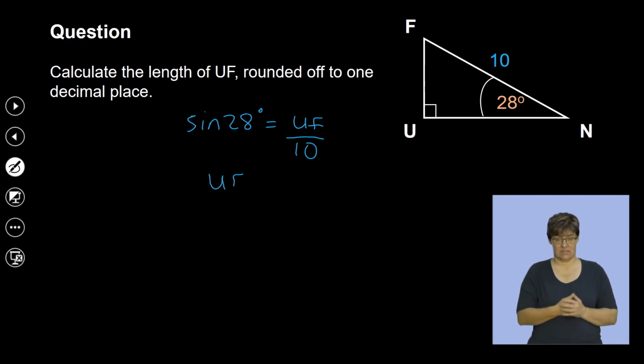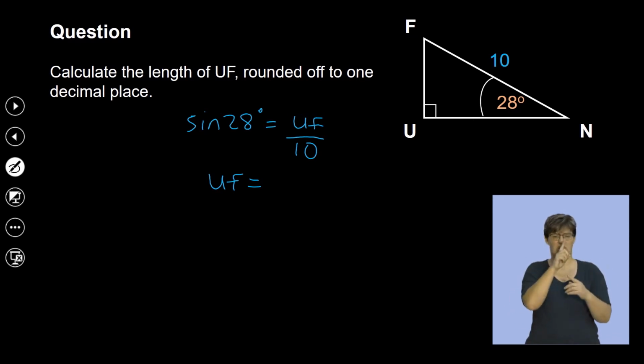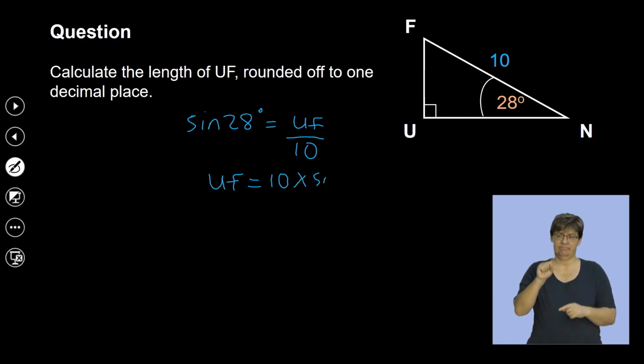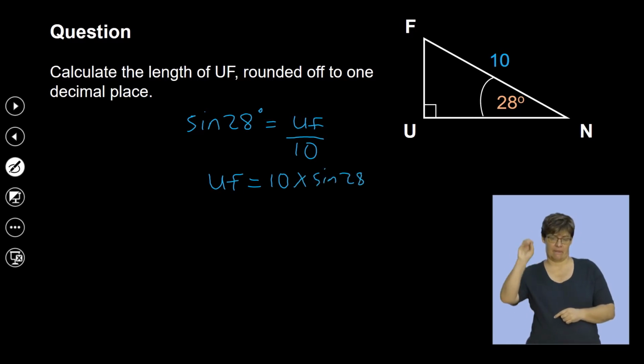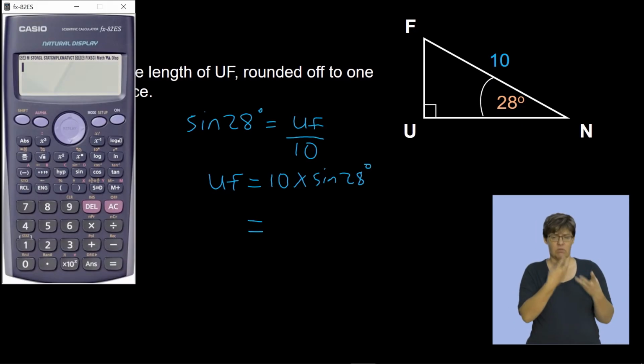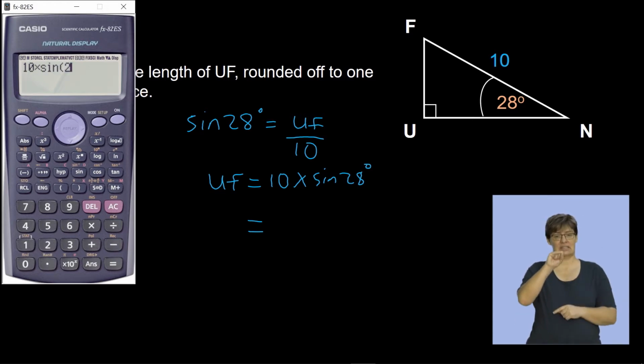And then I'm trying to find the UF. I will just do the basic algebra, which has to do with cross multiplication or multiplying both sides by 10. So this will be 10 multiplied by sine of 28 degrees, and then we go straight to our calculator to solve this. So it will be 10 multiplied by sine 28.